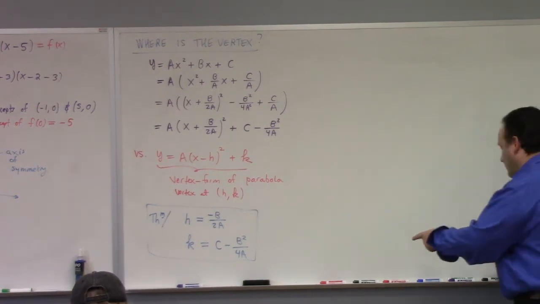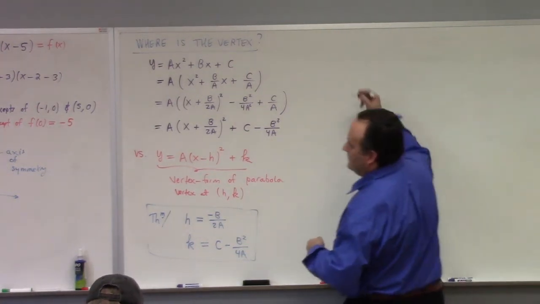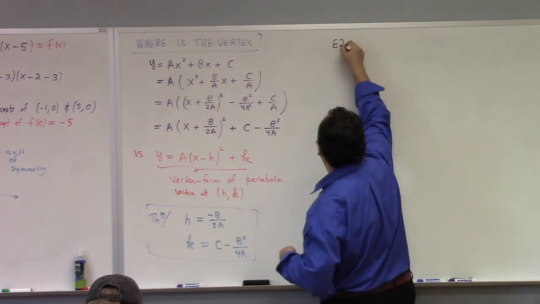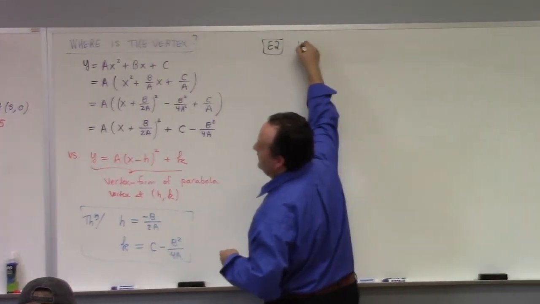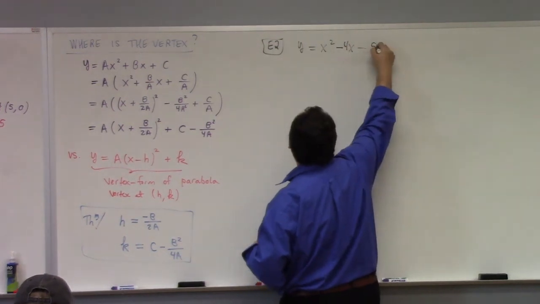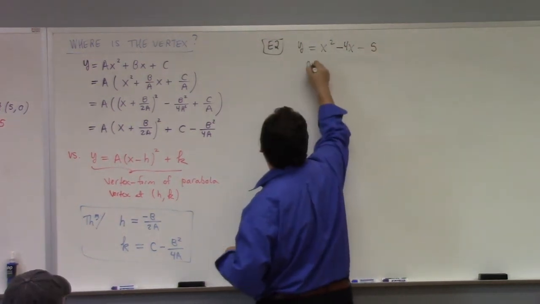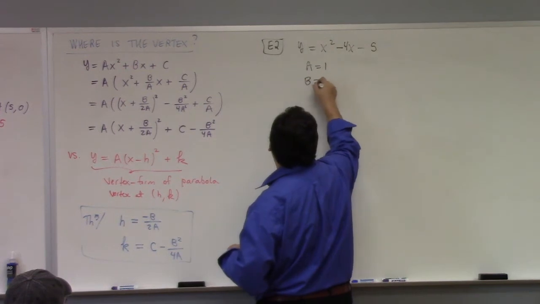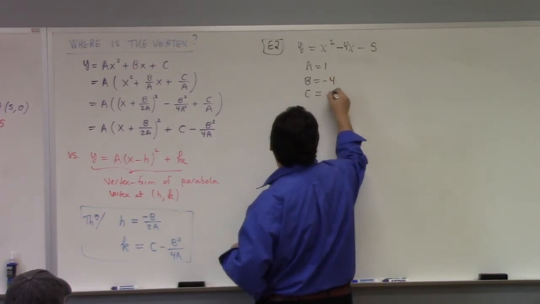So let me just show you, if you don't believe it. Example 2, we had what? We had y equals x squared minus 4x minus 5. So here a equals 1, b equals minus 4, c equals minus 5.